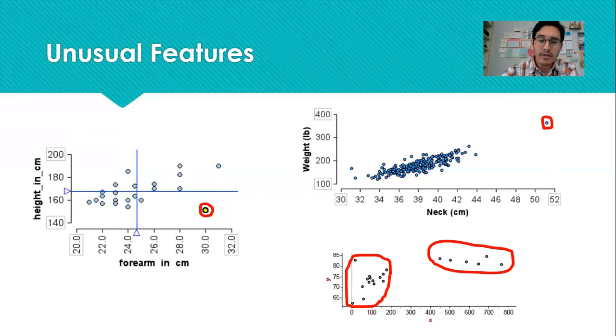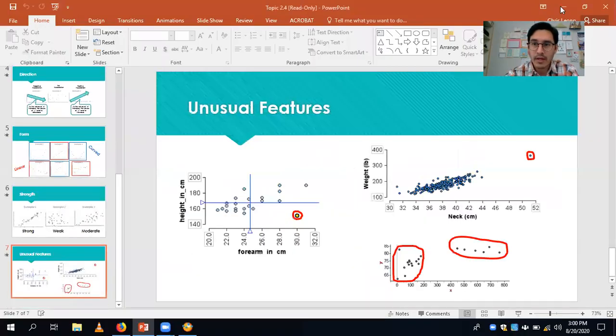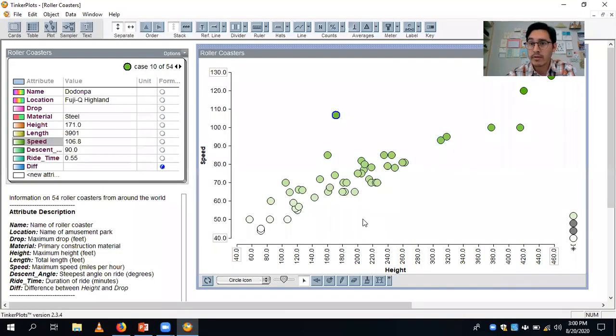So let's go back to the roller coaster. Hopefully it's still up. Let's describe the 4 characteristics in this scatterplot. First of all, I would say there's positive association. The direction of the points is upward. As the height of roller coasters increases, the speed also tends to increase. Second would be the form.